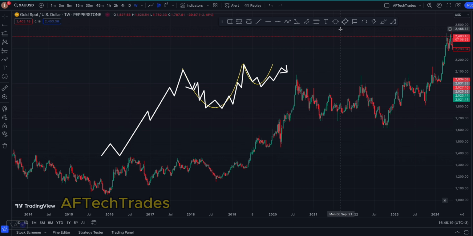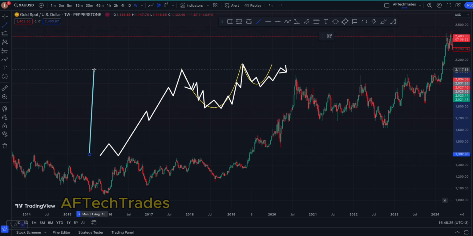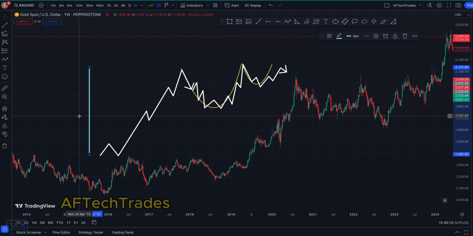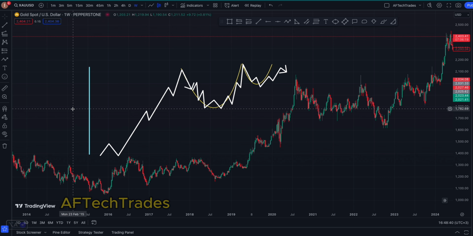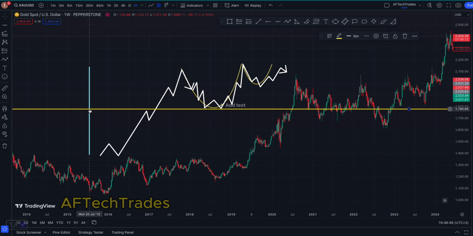If I calculate, for example, from here to here, this is the full length of the uptrend. So it should not be more than 50%. 50% is half of this, right? So it's usually between 30 to 50%. Let's say this is half of this.